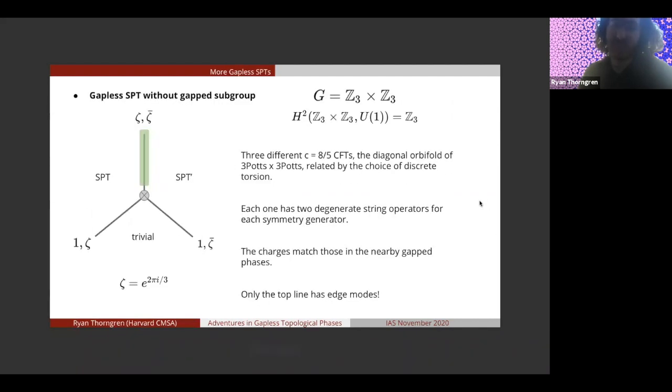Instead, I'll talk about this example that we're working out with Saran Brahmbabu, which is that now if we consider this symmetry class Z3 times Z3, there are 3 SPTs corresponding to this cohomology group. And there's a nice phase diagram that includes all of them, where we have some triple point, and we have the trivial phase, one of the SPTs, and one of the other SPTs.